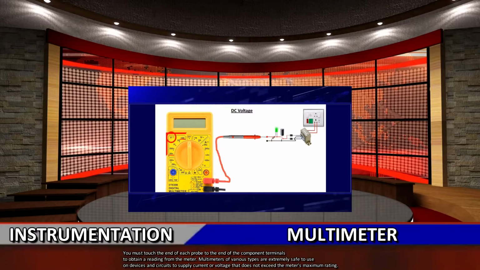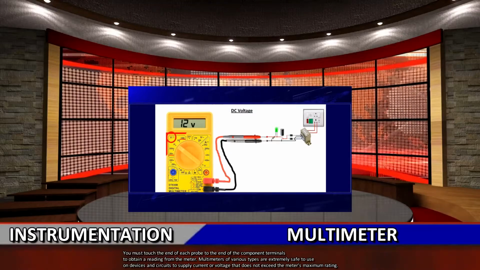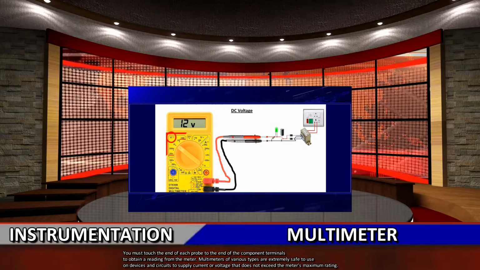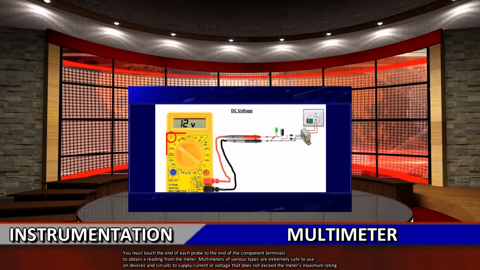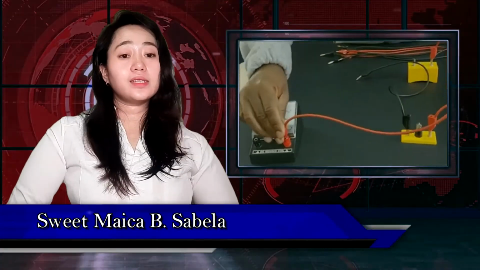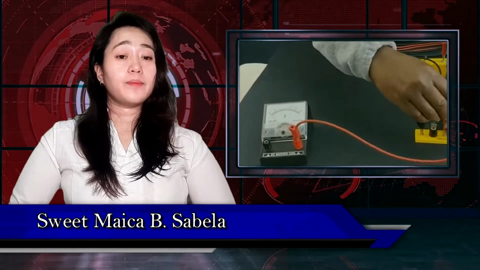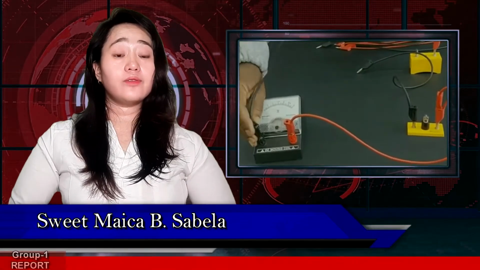When the probes have been plugged in, the knob in the center of the instrument can be turned to conduct the proper function for the component being tested. When the knob is set to 20 volts direct current, for example, the multimeter will detect DC voltage of up to 20 volts.